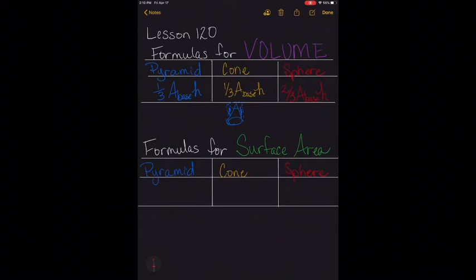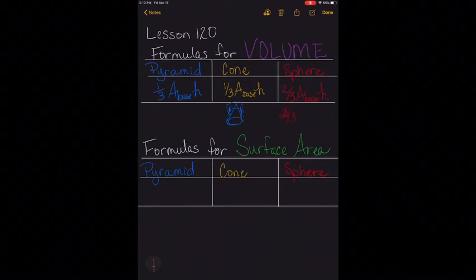Okay, so if you look down below at your practice problems, directly under the spheres, you will see a sphere there with a radius of 10. So the base is going to be the biggest part of that circle.